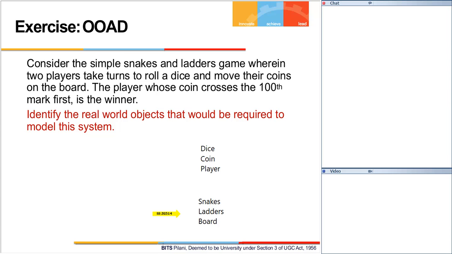But the answer to this is that in this particular case, I know that snakes and ladders do not possess any special behavior or any special attribute because of which I need to put them as real world objects.